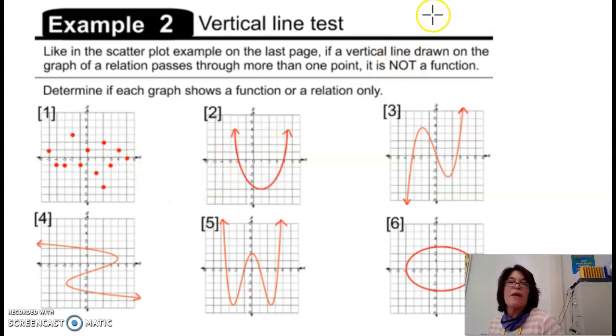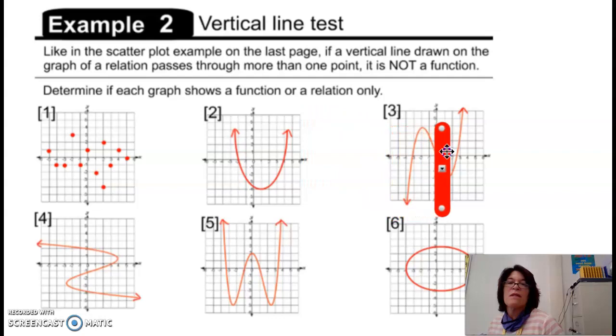All right, so I am going to see if I drop a vertical line. Oops, there's no way that a vertical line is going to hit this in more than one spot, is it? Nope. Okay. So that's fine. That's a function.